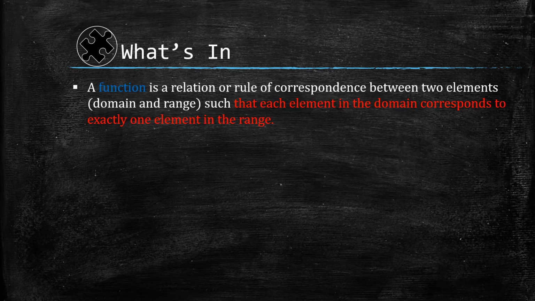Each element in the domain, each value of your X, corresponds to exactly one element in the range. Meaning, for every element in your domain, there should be only one corresponding element in your range. That is the definition of a function.